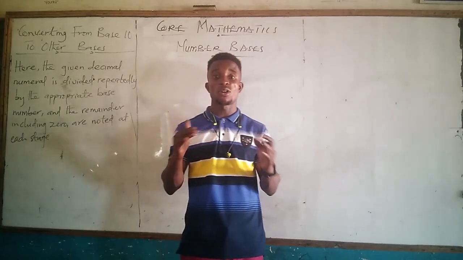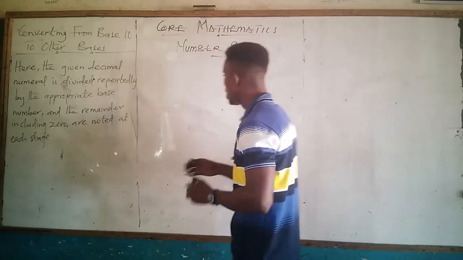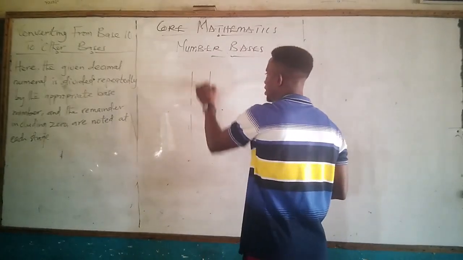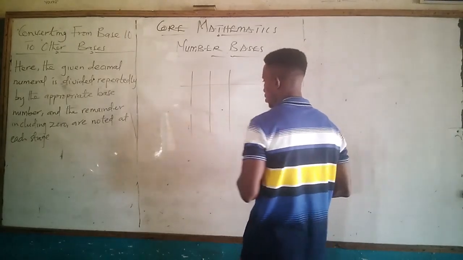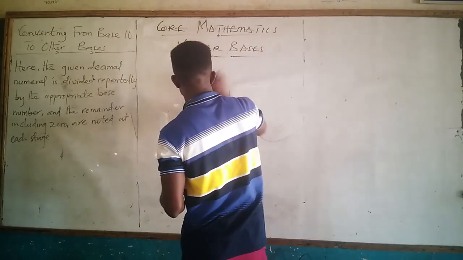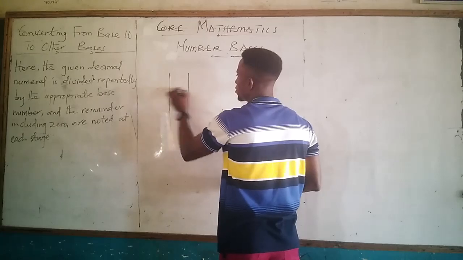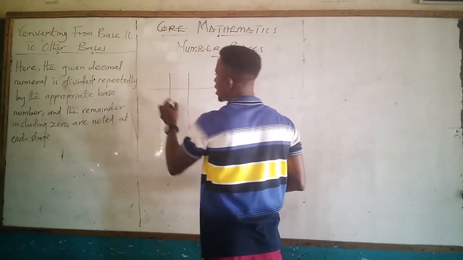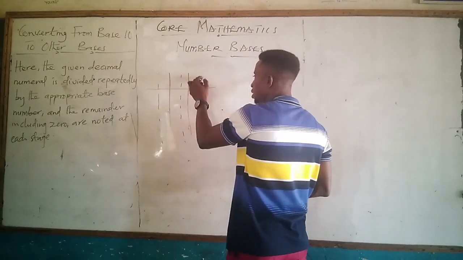We are going to have 3 columns. Let me do it this way. If I have something like this, I can see I'm having 3 columns: 1, 2, then 3.